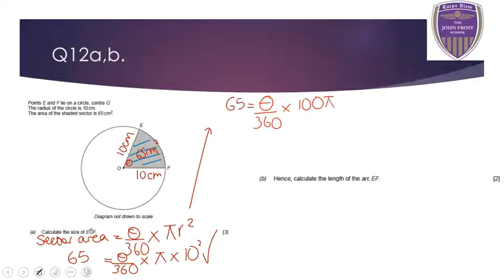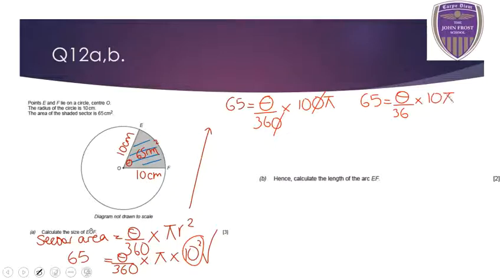All I've done there is worked out the 10 squared. I could cancel out one of the noughts with one of the noughts there. So, okay, I simplify it again. I've got 65 equal to theta over 36 times 10 pi.